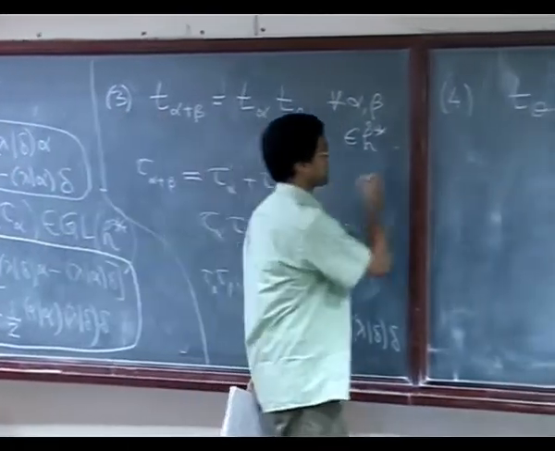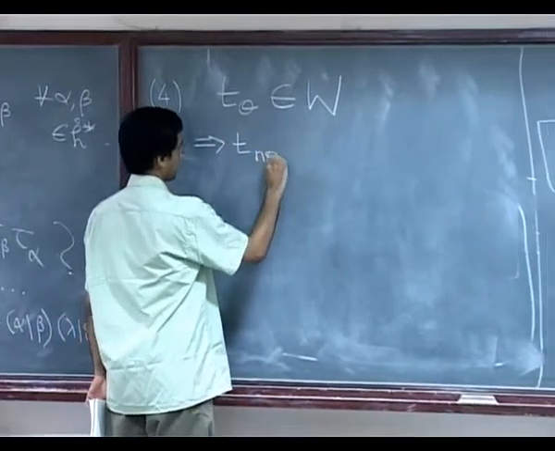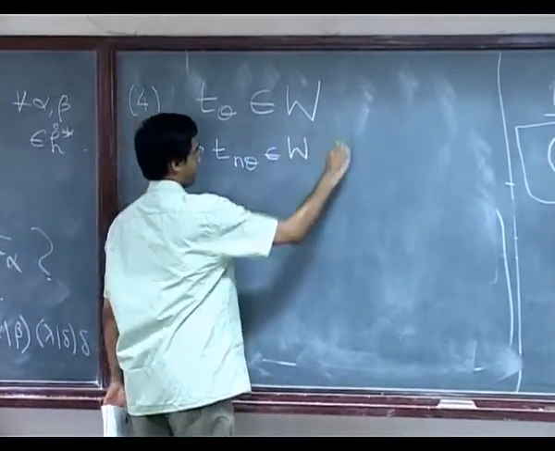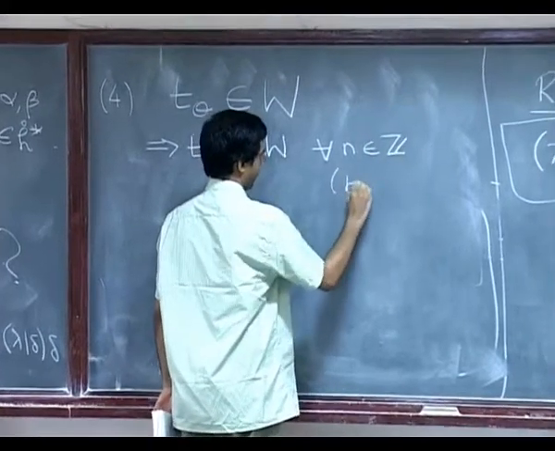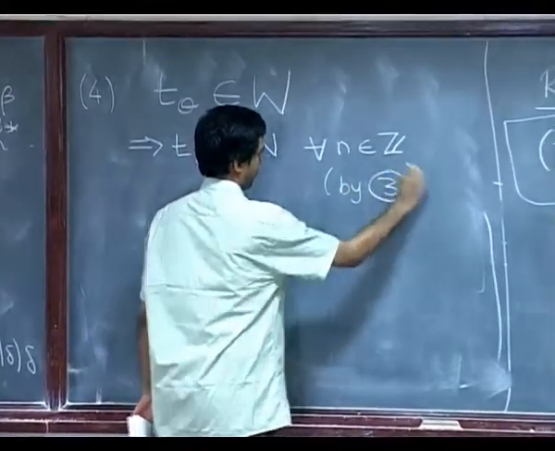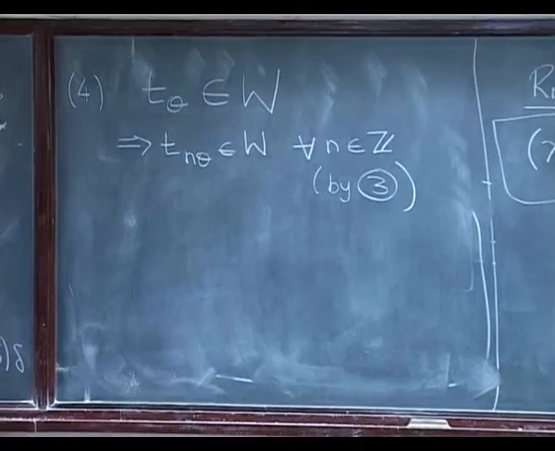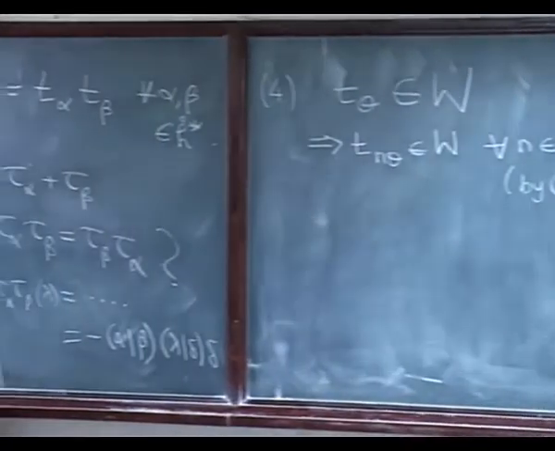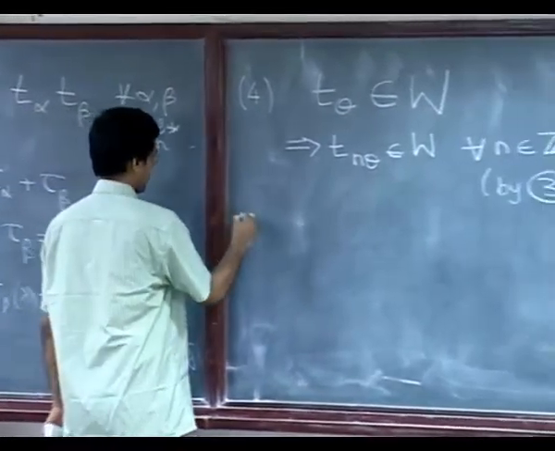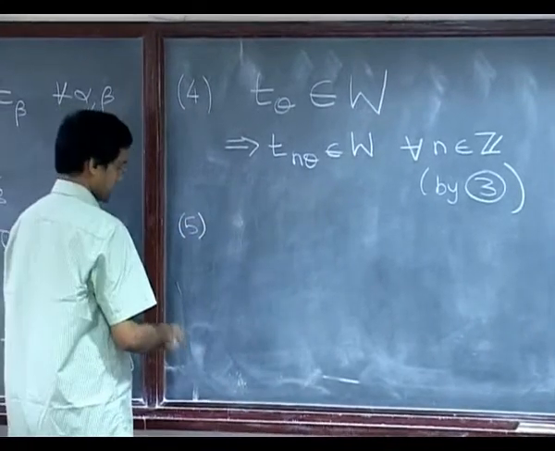So automatically from property 3, you conclude there are several more elements in the Weyl group. So that's already some use of this more general point of view, but there's more.